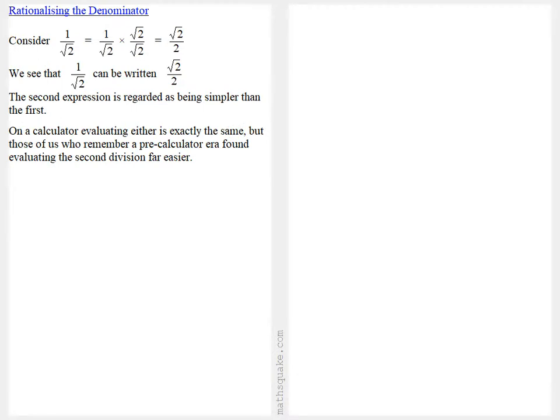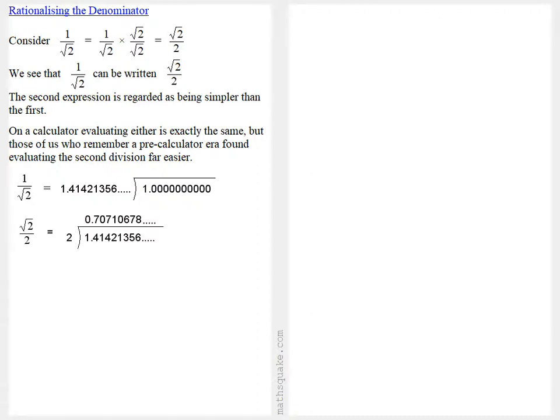Now, on a calculator, evaluating either is exactly the same. But those of us, including me, who can remember a pre-calculator era, found evaluating the second division far easier. If you try to work out 1 over the square root of 2, you have 1.000 to however many noughts you want, divided by 1.4142136, which is an extremely long division sum.